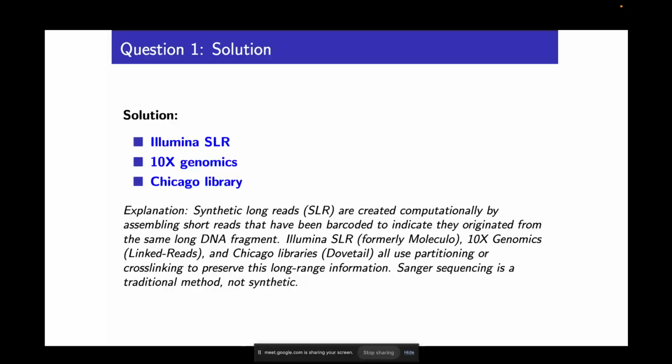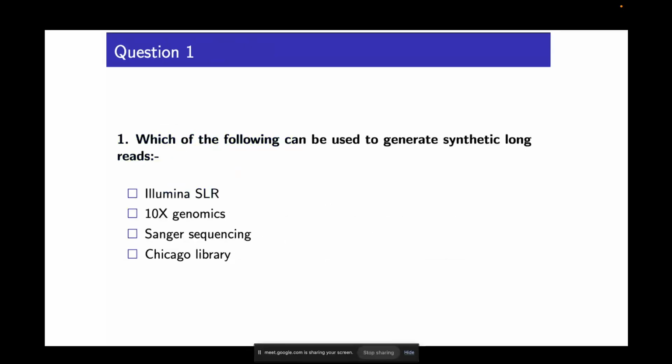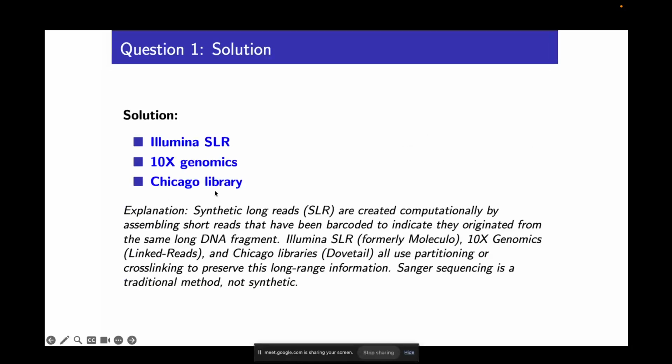It's not a synthetic method. It's a natural method. The rest of them are synthetic. So with respect to Sanger, other than Sanger, everywhere you can generate synthetic long reads. I'm surprised nobody answered A, because SLR stands for synthetic long reads.